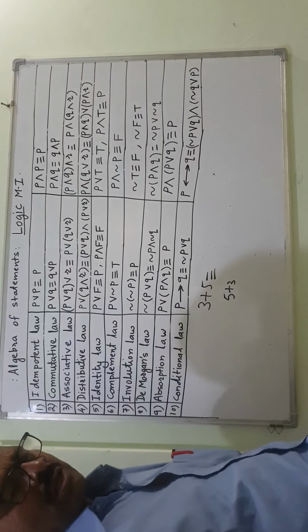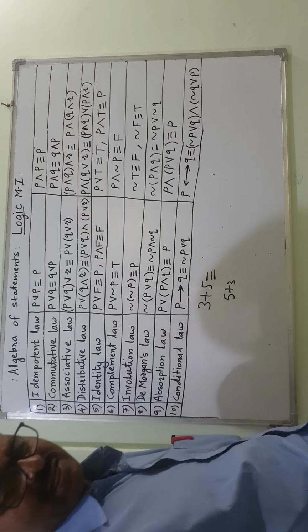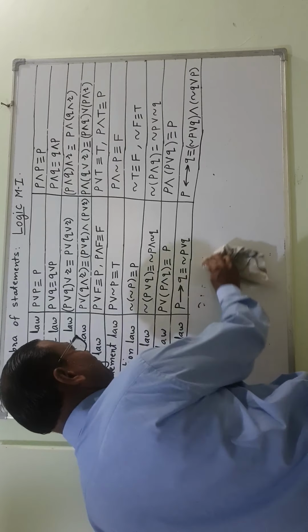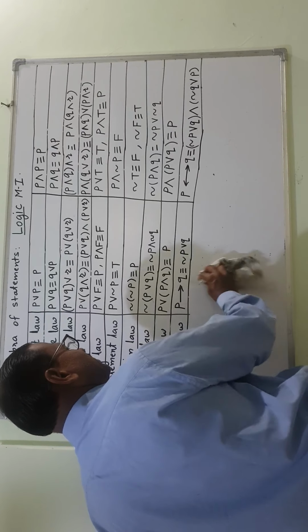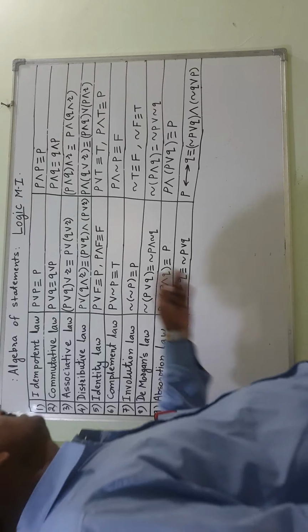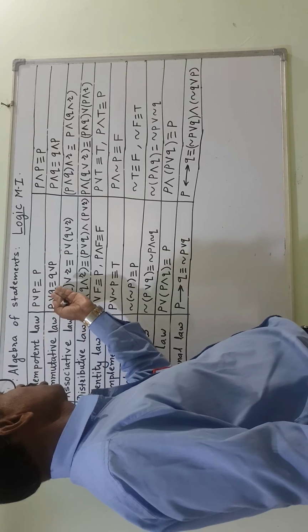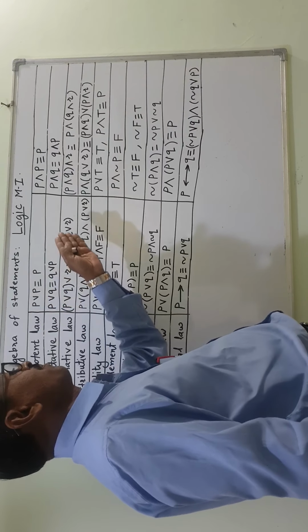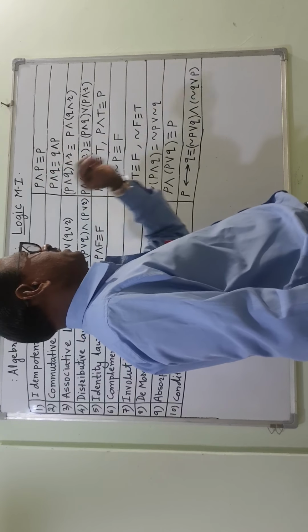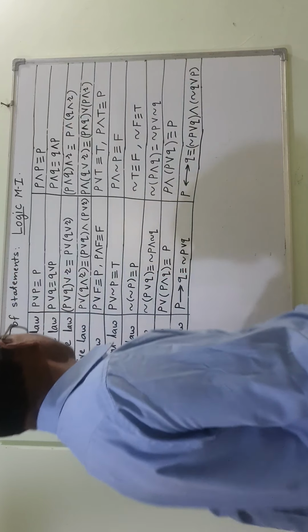No. Means you can change the sequence. That is called the commutative law. That we have seen in the very basic standards in algebra. So P or Q is equivalent to Q or P. P and Q is equivalent to Q and P. Means you can change the sequence.